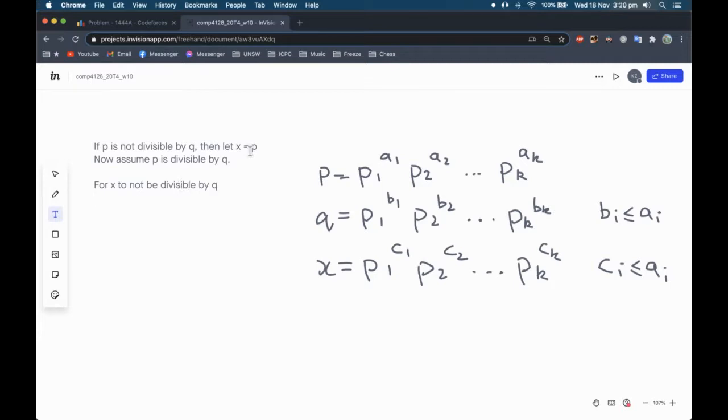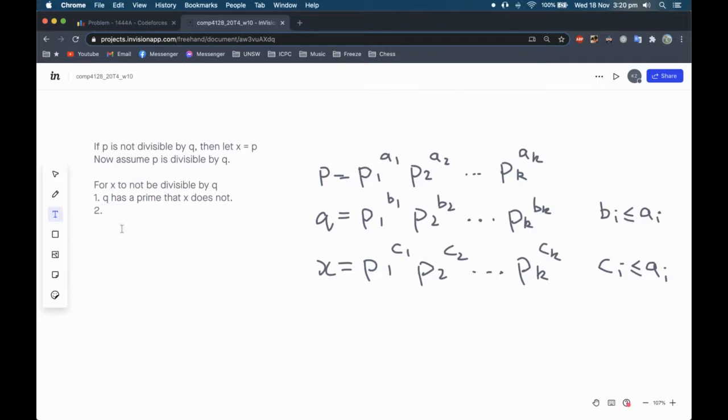There's going to be two ways that x might not be divisible by q. The first way is q has a prime that x does not. If q has an extra prime that x does not, then clearly x is not divisible by q, right? That's the first way we could do it.